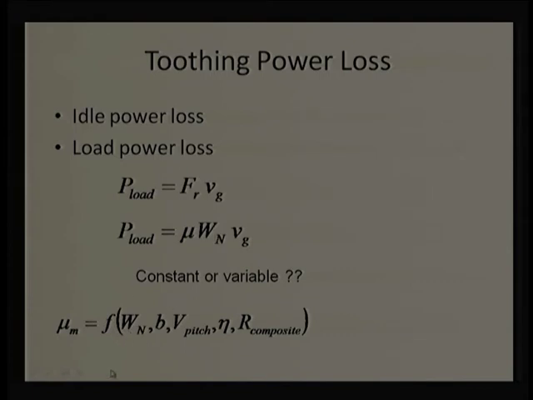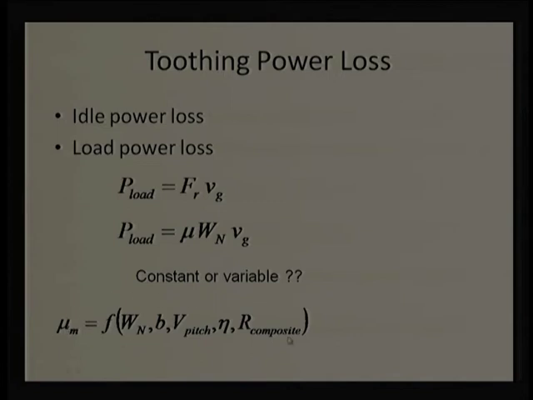It is going to depend on the bearing or the gear length. If the length is increasing, naturally this loss will be high, or mu will be on the higher side. It is going to depend on the pitch velocities or summation of pitch velocities. It is going to depend on the liquid lubricant viscosity, the carrier fluid viscosity, and it is going to be a function of surface roughness. The larger the surface roughness, the larger the value of mu.